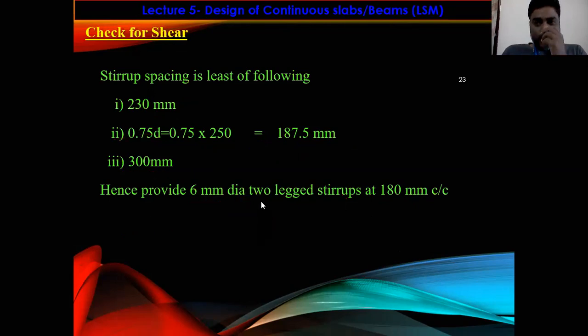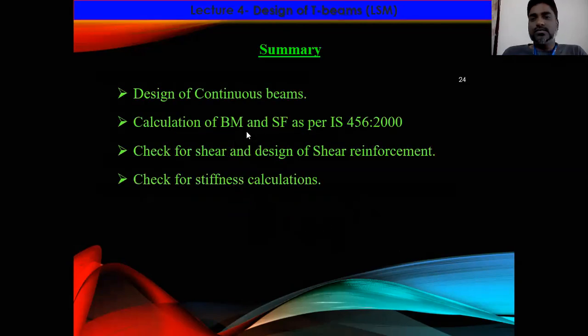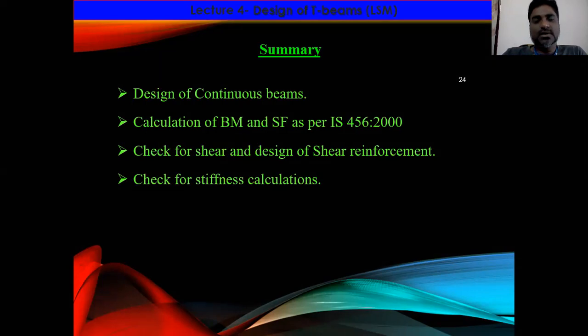So after this, you need to draw the diagram as we discussed last class. So with this, I would like to conclude this class. Before concluding, let me just summarize what we discussed in this class. In this class, based upon the given data, we have designed a singly reinforced continuous beam.